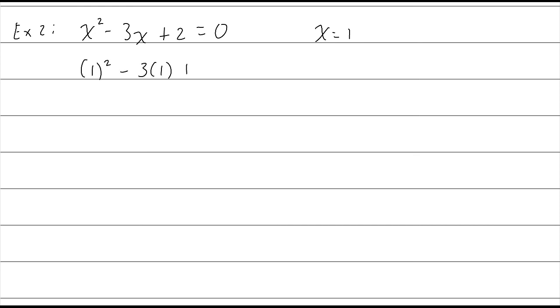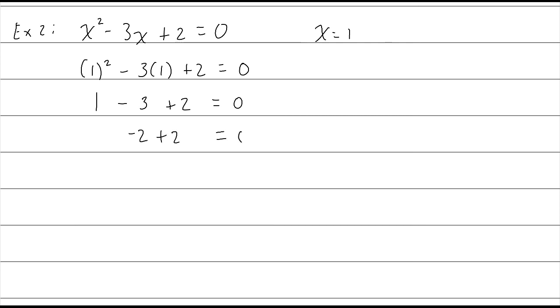Let's see about a second example. Here's x squared minus 3x plus 2 equals 0. Let's see if x equals 1 works for that one. So we'll plug it in. 1 squared minus 3 times 1 plus 2. 1 squared is 1. 3 times 1 is 3. 1 minus 3 is negative 2.